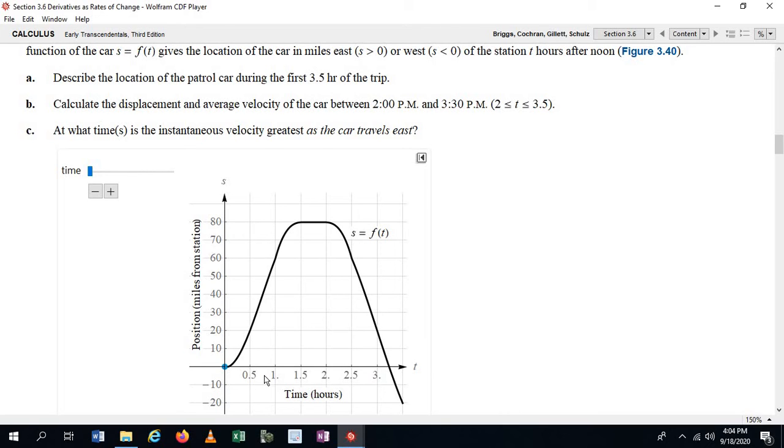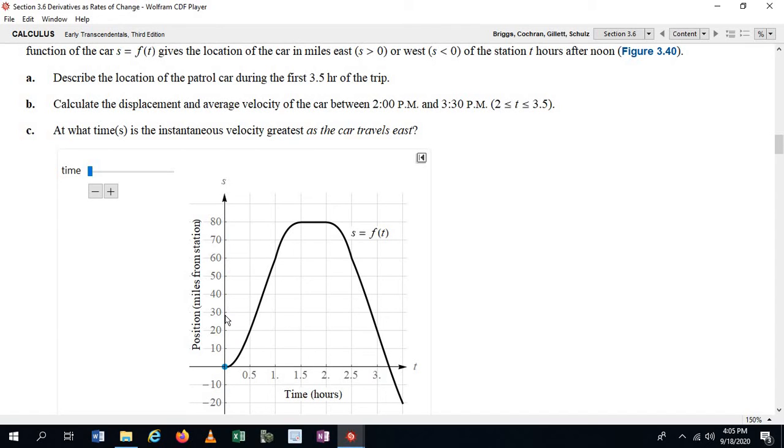Okay, so let's look at this. It looks like for the first hour and a half, the object at time 0 is at position 0. And then for the first hour and a half, you can see that its position is getting bigger and bigger and heading towards 80.